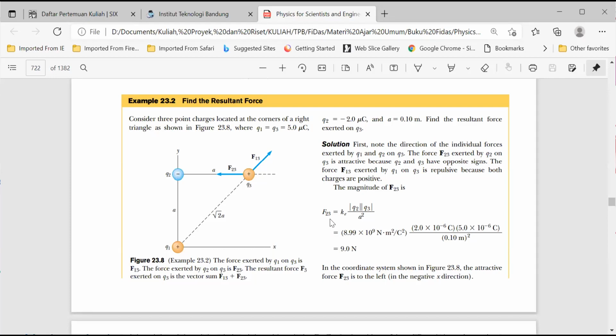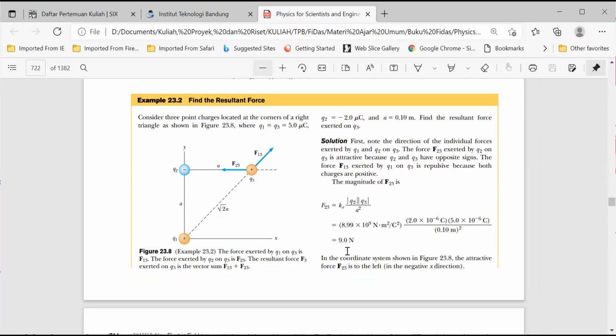So the magnitude of F23, if you insert the numbers into the formula, we get approximately 9 Newton force on Q3. So this is equal to F32, the magnitude.